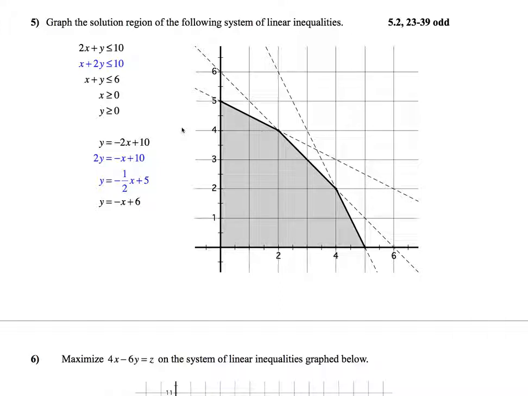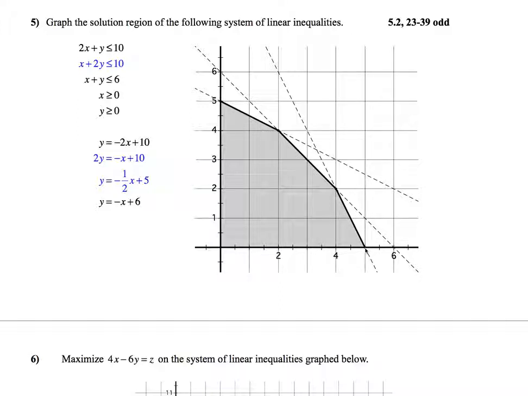You would want to find the x-intercept by substituting a 0 for y and dividing both sides by 2 to find that x is equal to 5. So 0 here, and this divided by 2, and this divided by 2 would give you x is equal to 5, and so that's your x-intercept.